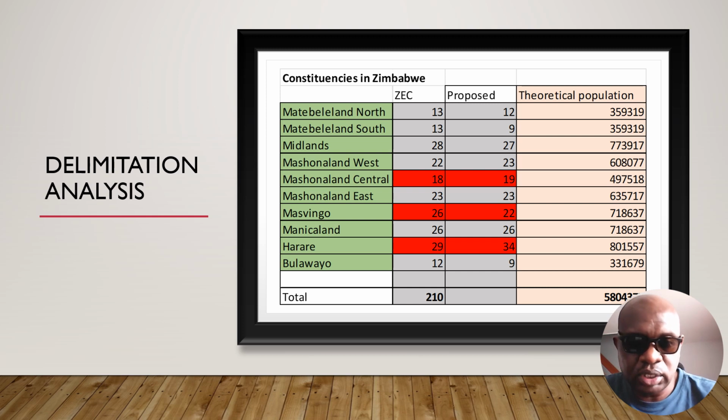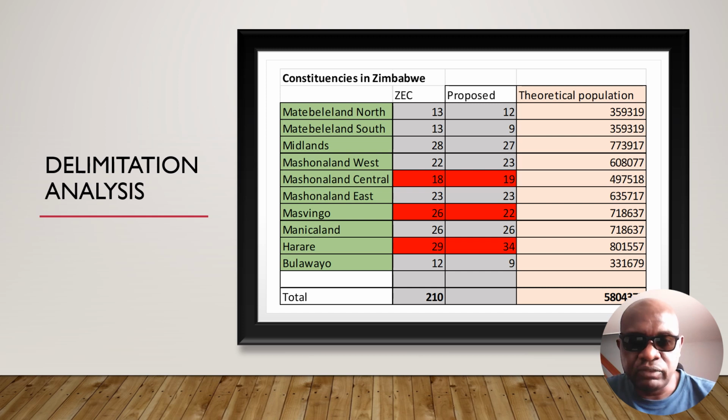These are the total number of seats according to ZEC, and these are the ones that we calculated using the same formula which ZEC used, based on the actual numbers that were given.